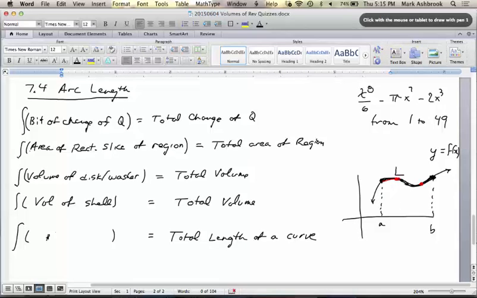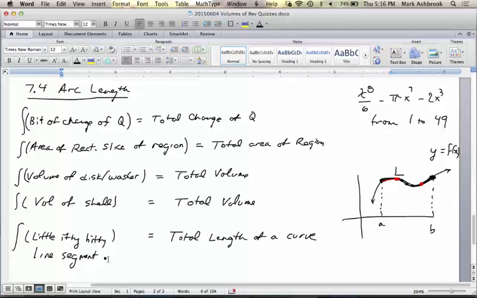So the total length of the curve is going to be the sum of a little itty bitty line segment. The highly mathematical term: itty bitty. So we're going to sum up lots and lots of little itty bitty line segments that adjoin points along the curve, and if those points are close enough together and those line segments are microscopic, then it will give us the length of the curve.